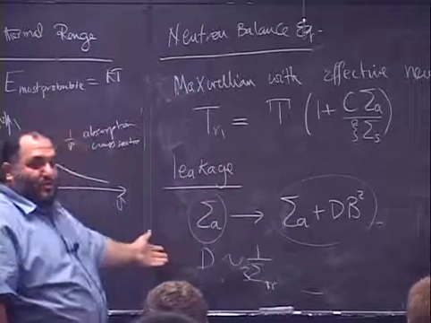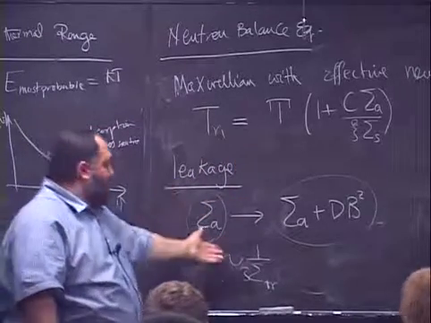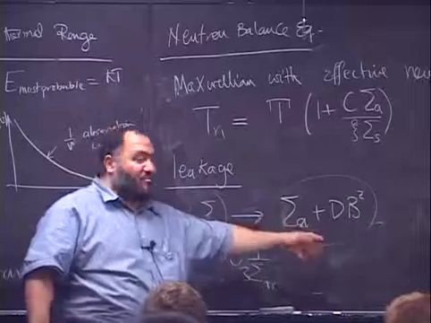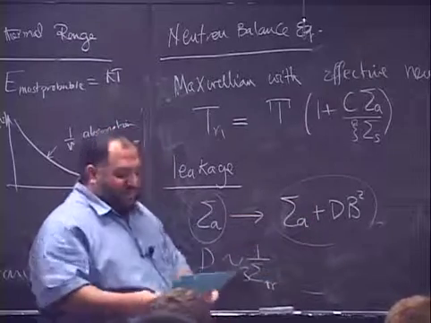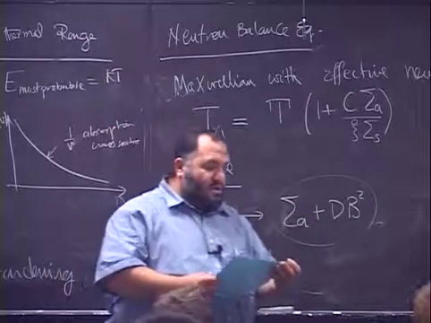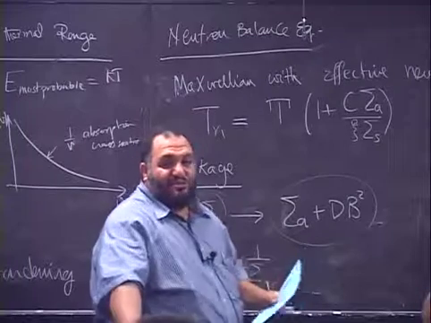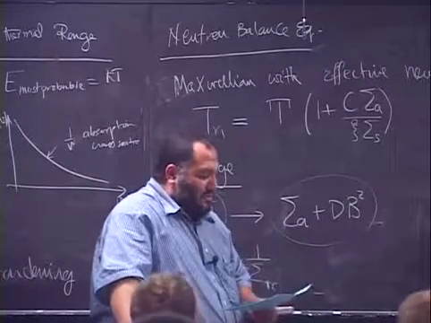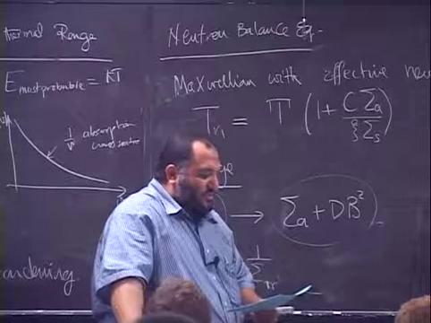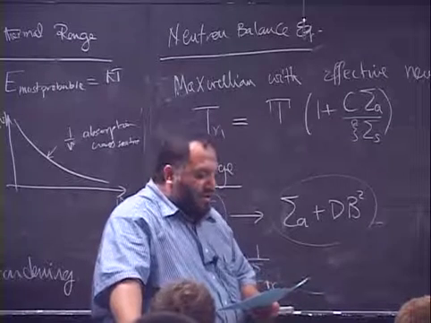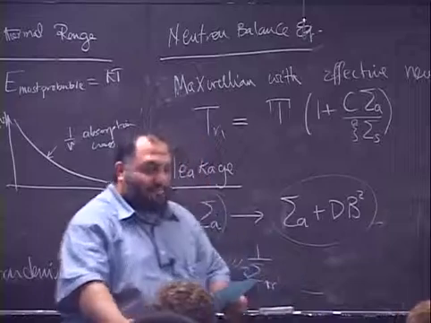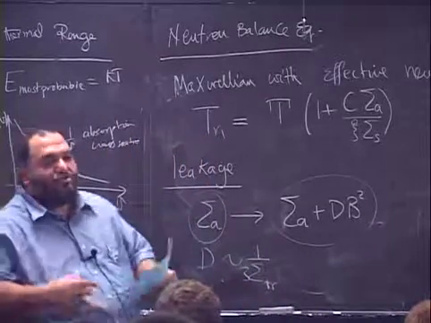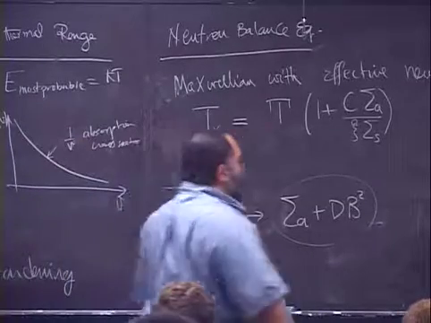We should include the leakage by modifying sigma absorption to sigma absorption plus D B squared. Then, because the flux in the slowing down region goes like 1 over E, the Maxwellian flux must be corrected by adding a joining term. We call it the joining term.